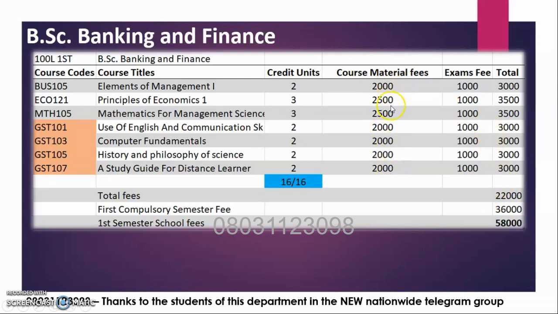These course registration fees are actually paid for textbooks or course materials. So if you sum this up, 22 plus 36, you'll be getting 58,000 as your first semester school fees.